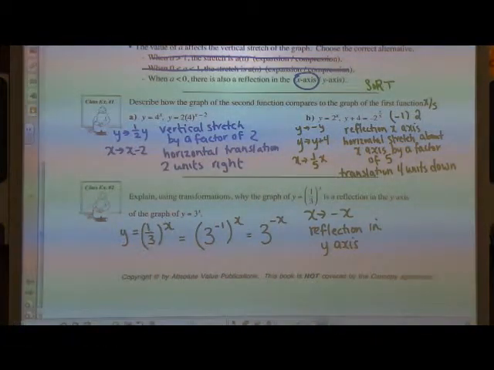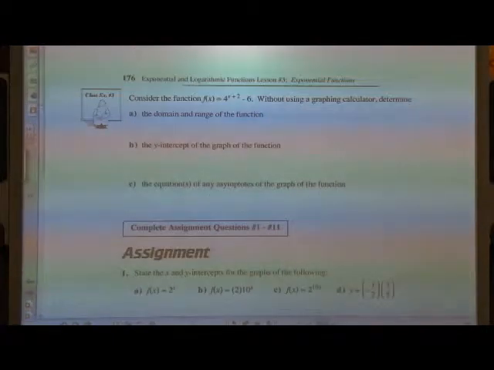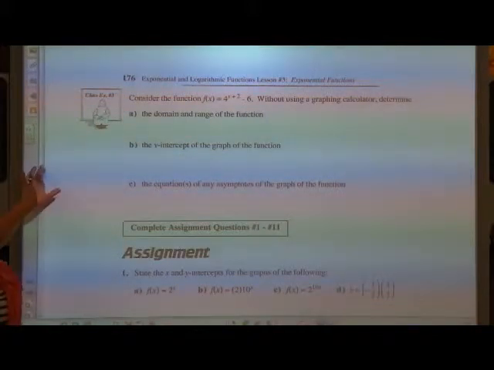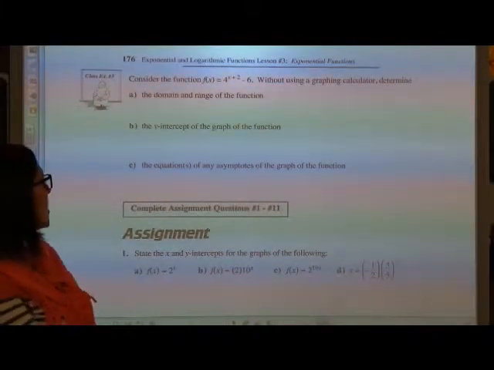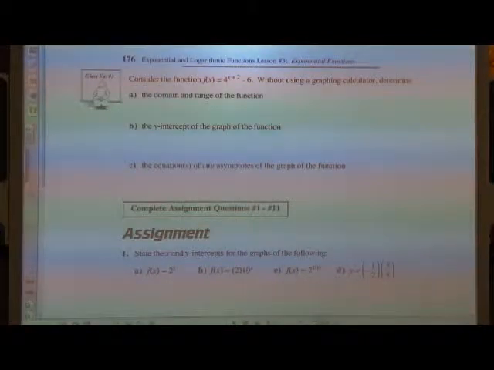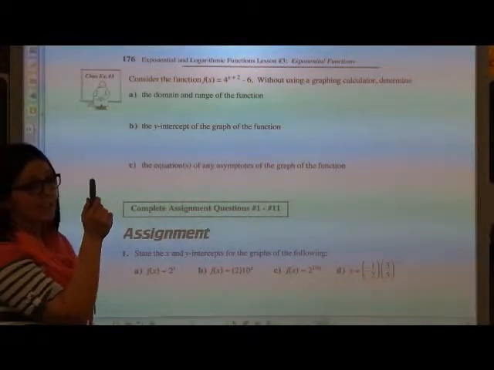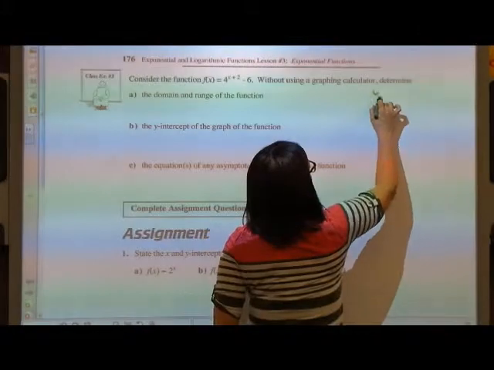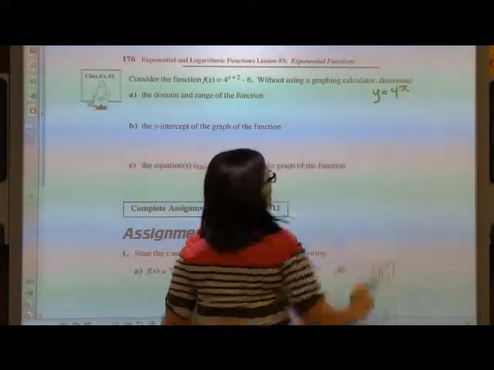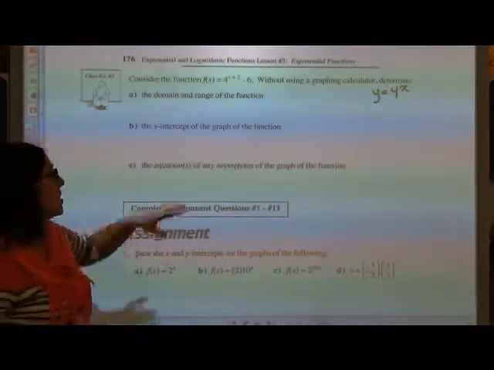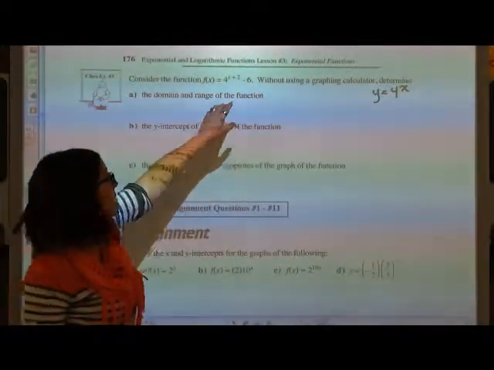Okay, we have one last example. Consider the function f of x equals 4 to the power of x plus 2 minus 6. Without using a graphing calculator, determine the following: the domain and the range, the y-intercept, and any asymptotes. So if I take the function y equals 4 to the power of x as my original, and then look at what happened here.